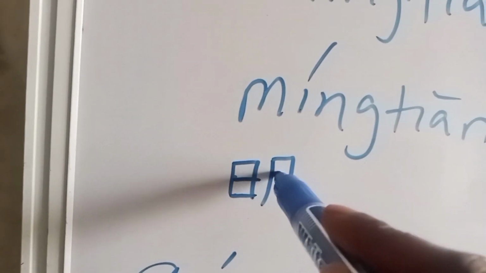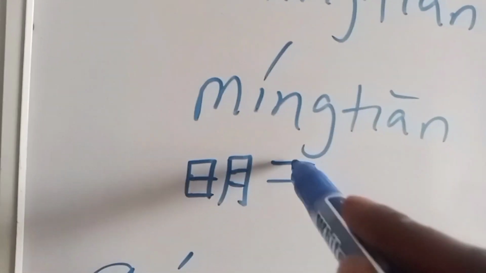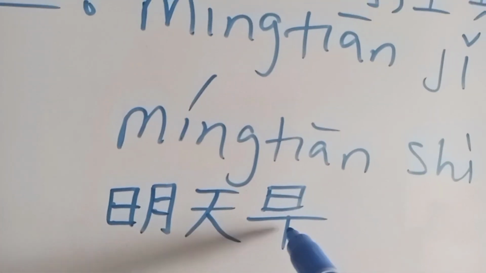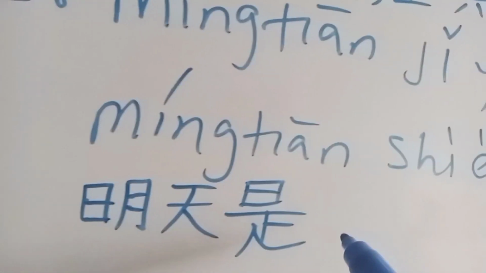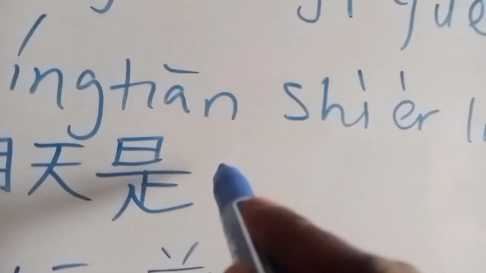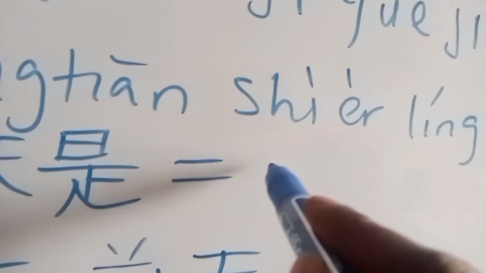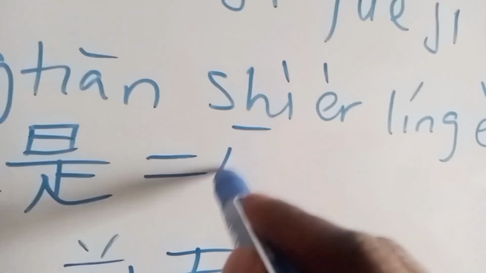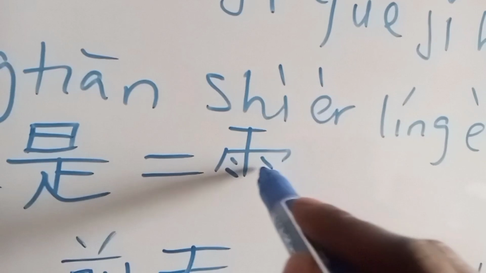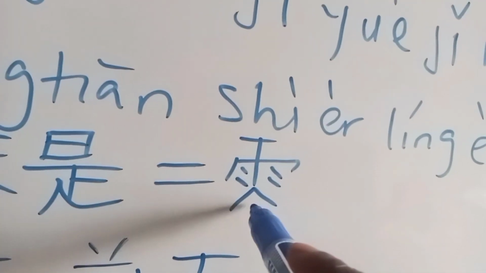So 明天, I have written it before. I'm going to be faster. 明天是. I've also written 是 countless times. 明天是2023. 零, we write 零 again. We'll come across Ling again.